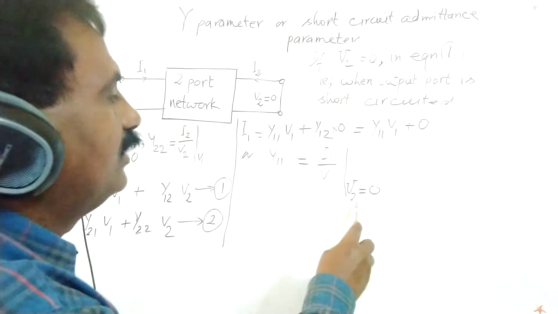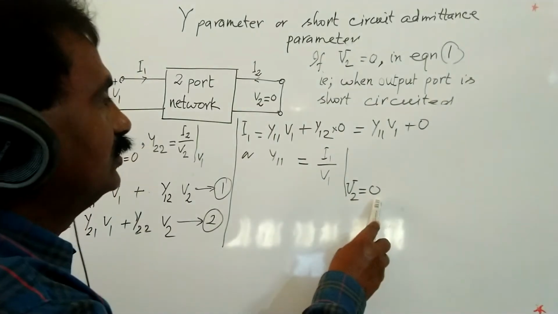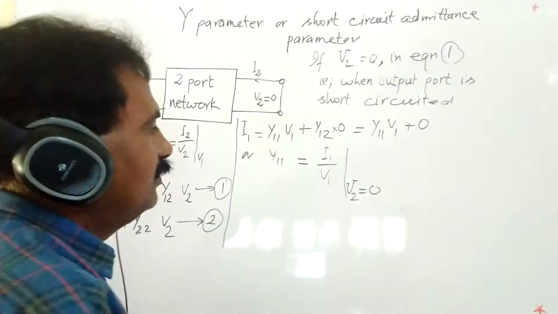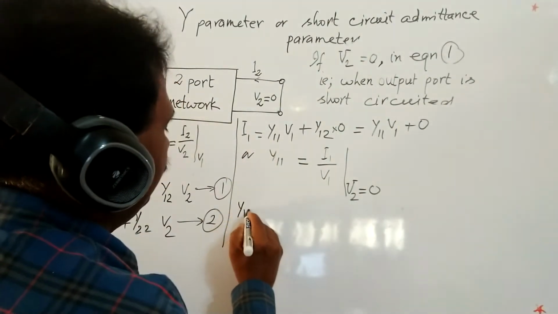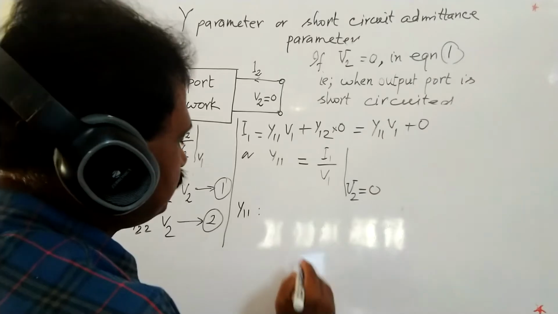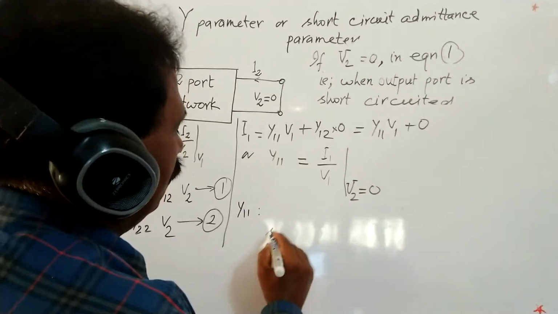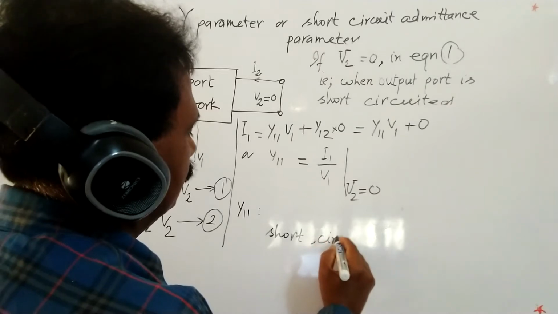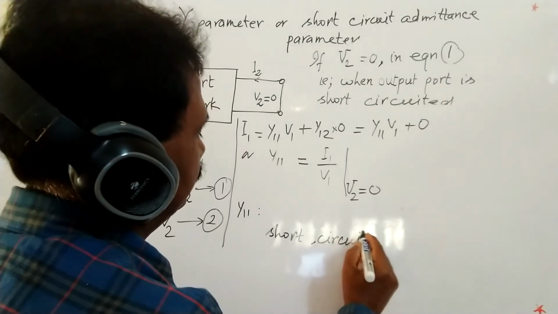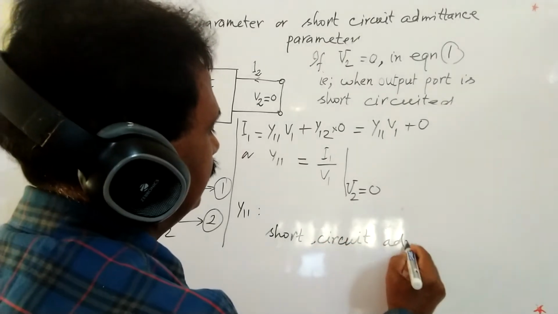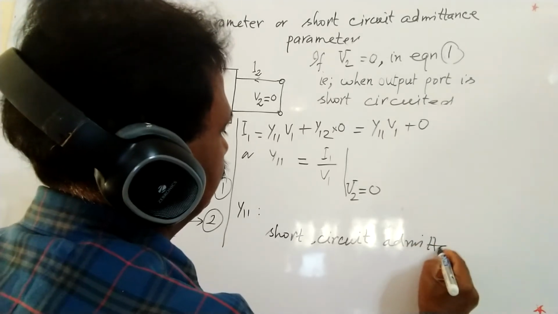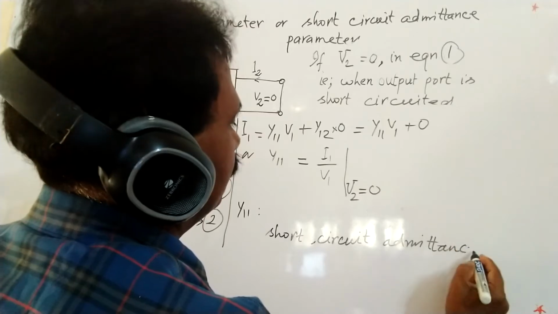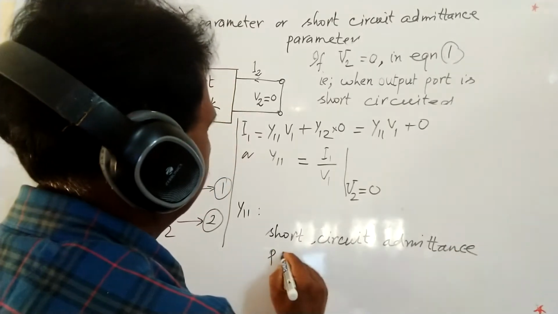When we have made V2 equal to 0, it means we short circuited the output port, then we say y11 is the short circuit admittance parameter.